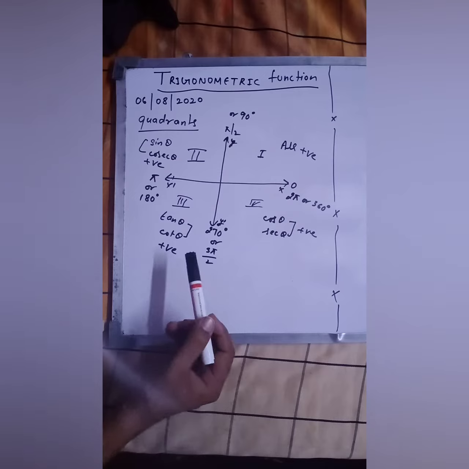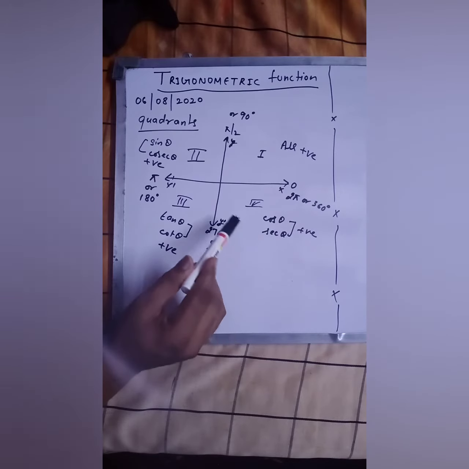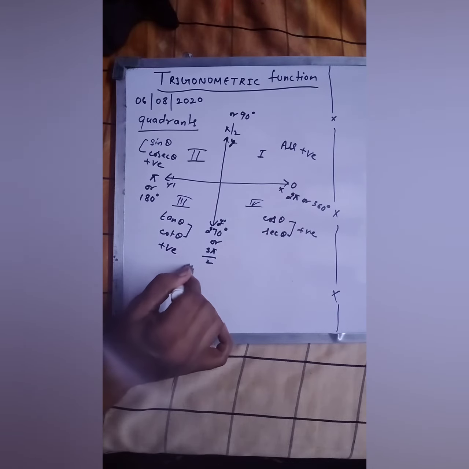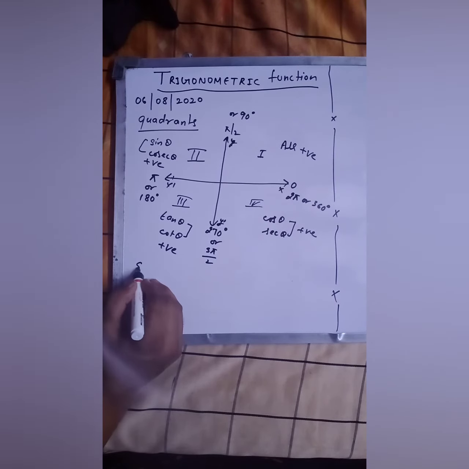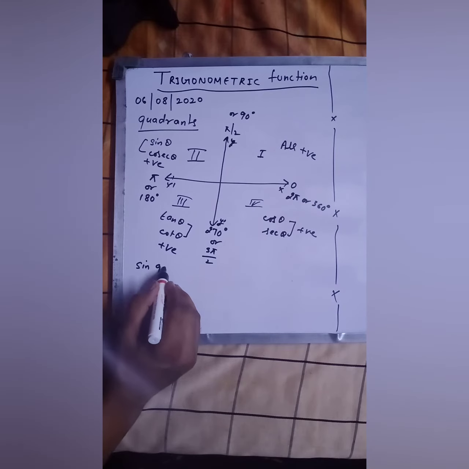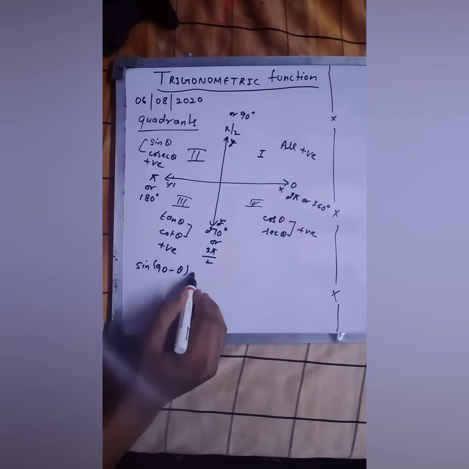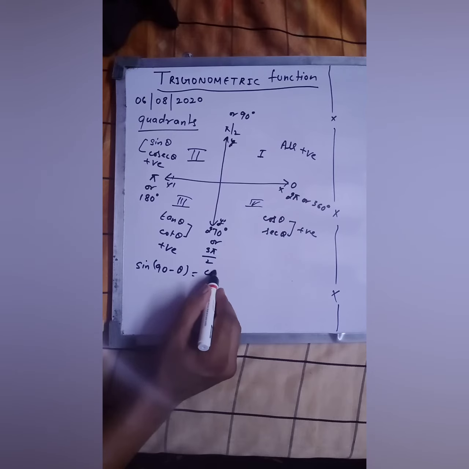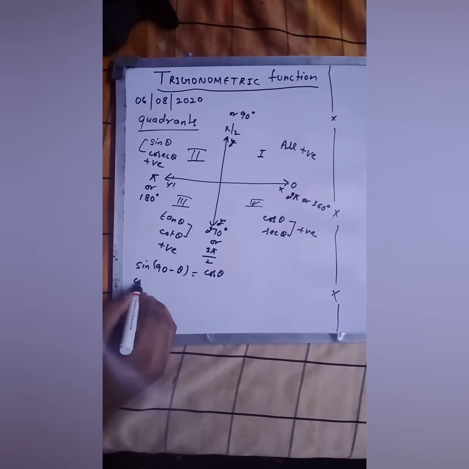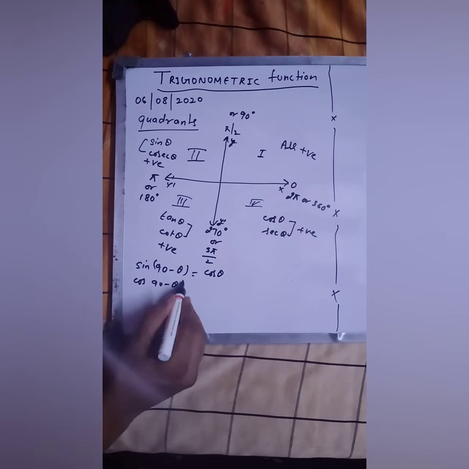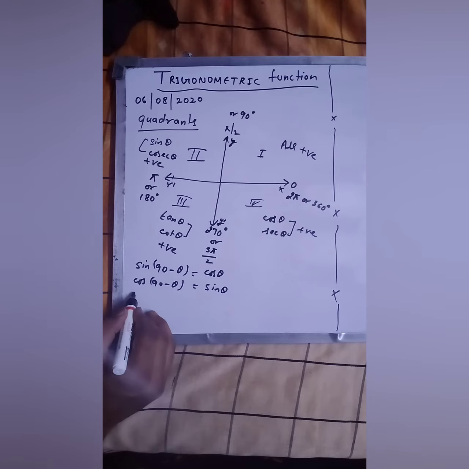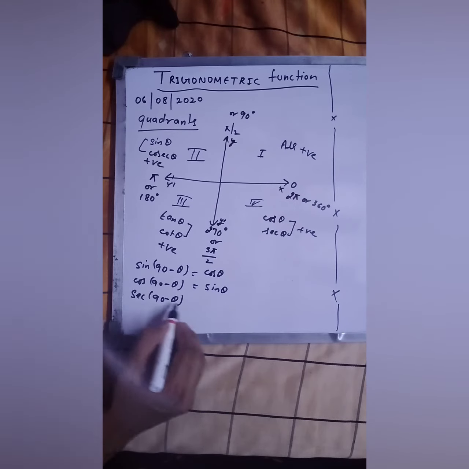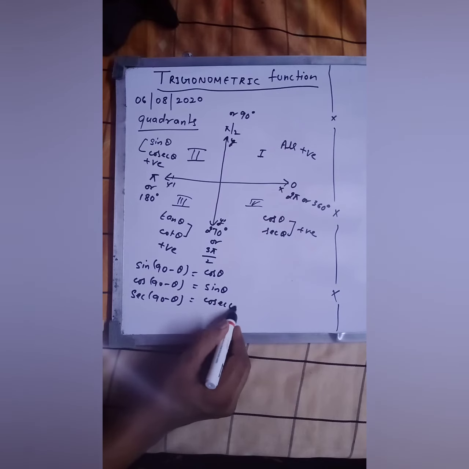Now, on the basis of this concept, in 10th standard you have all done this formula: sine 90 minus theta is cos theta, and cos 90 minus theta is equal to sine theta. Sec 90 minus theta is equal to cosec theta.